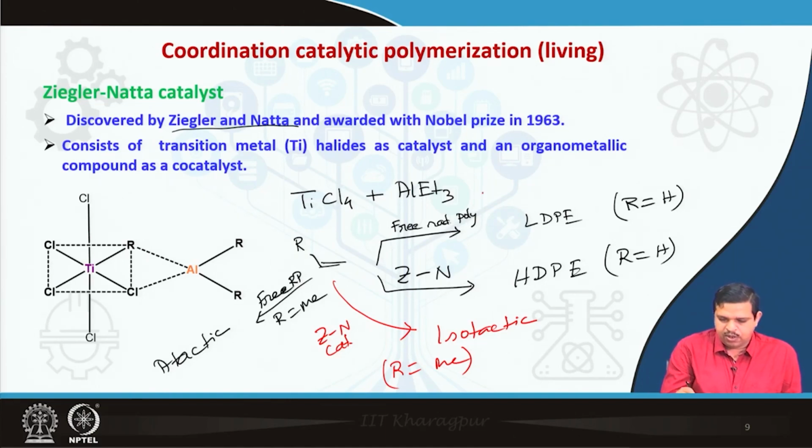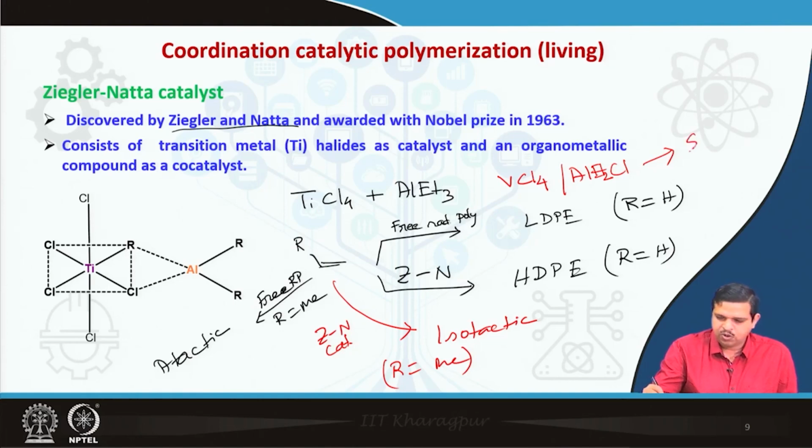Later, VCl4 and other co-catalysts were also explored, and very surprisingly the syndiotactic polymer was observed when R is equal to methyl. So, you will see how the polymerization mechanism differs from metal center to metal center. Okay. I am sure you are feeling very excited. What is the reason? Okay. How does it govern the polymerization?